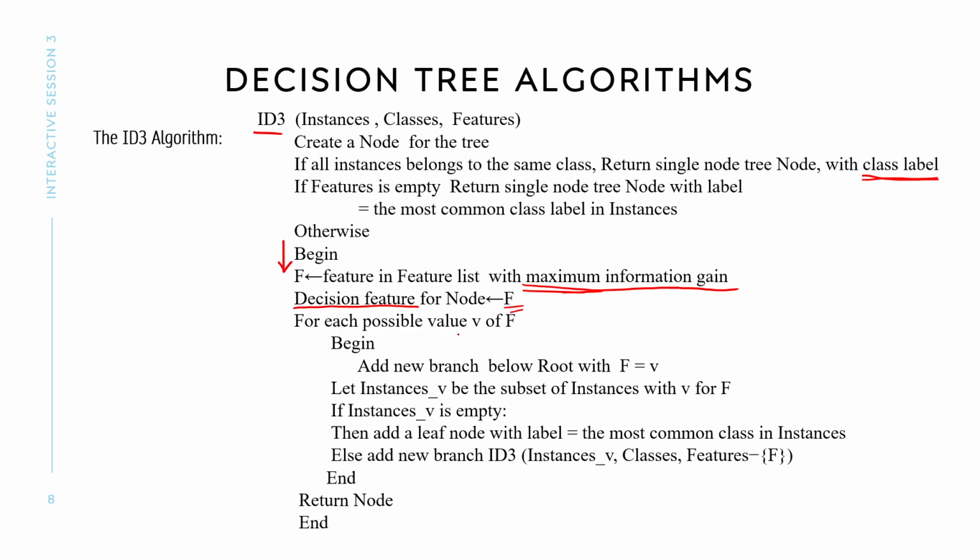So for each possible value V, we'll add a new branch with this feature equal to V. Then we'll count the number of instances which have the value V in that subset. If that subset is empty, then we add a leaf node with the most common class, otherwise we'll create a new branch, right?